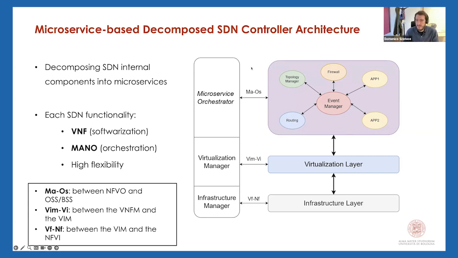Okay, that we saw before that routing could be a default application for SDN control and also topology, but also at the same plane we have external applications, because each acts as microservices. So here the idea is to manage application and control plane in a single plane, let's say the control application plane, and all applications are microservices.